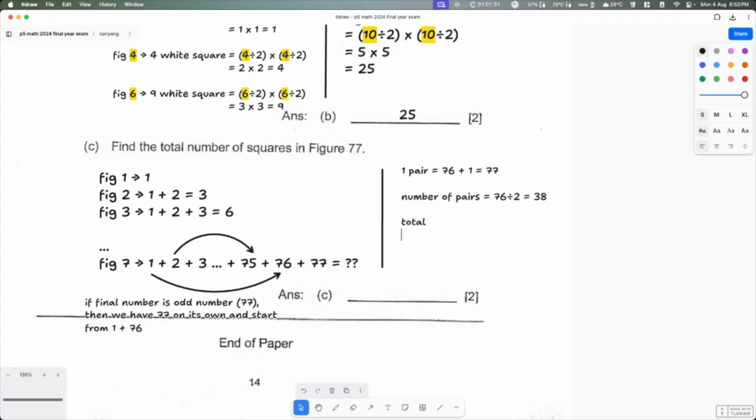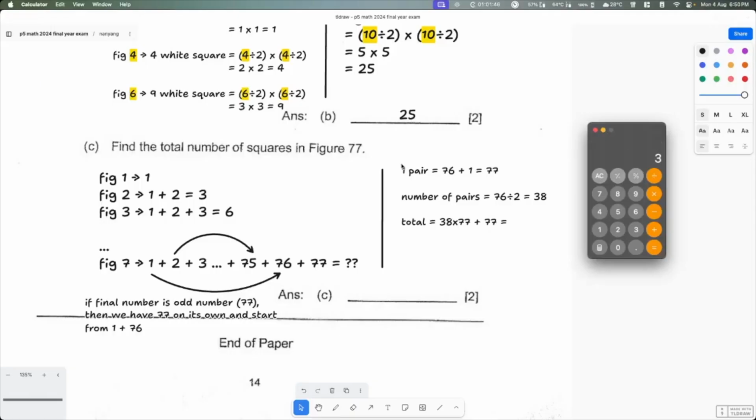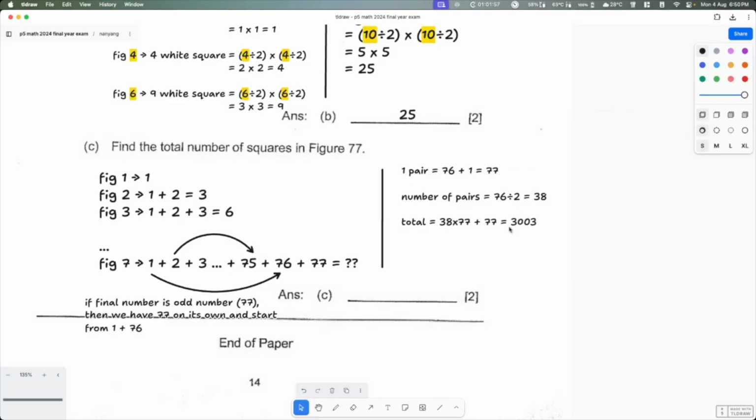So the total is 38 times 77, plus 77. The answer is 3003.